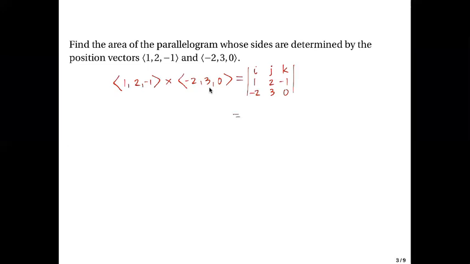If you do this, for the i, and then minus quantity for j, and then plus quantity for k. For the i, we have this submatrix. The determinant will be 2 times 0 minus 3 times -1. So 0 minus 3 times -1, that's 3.